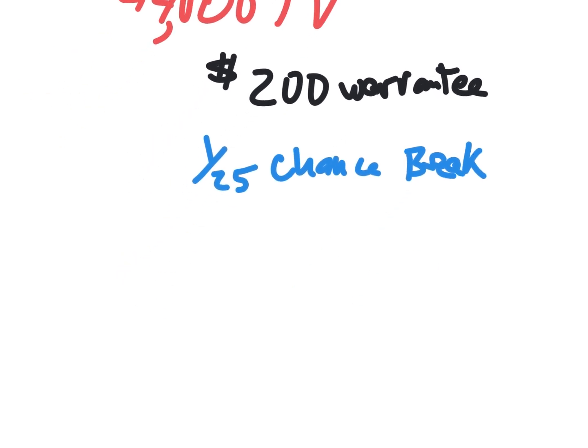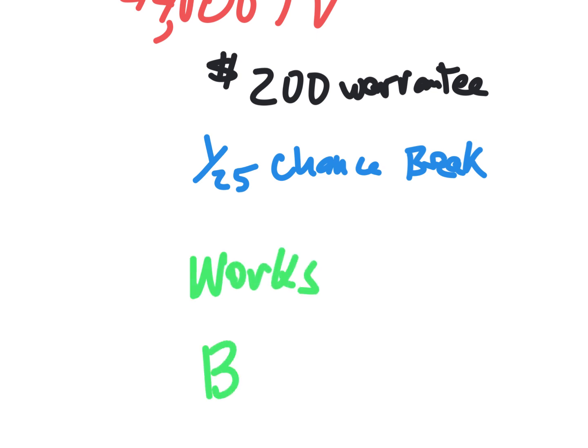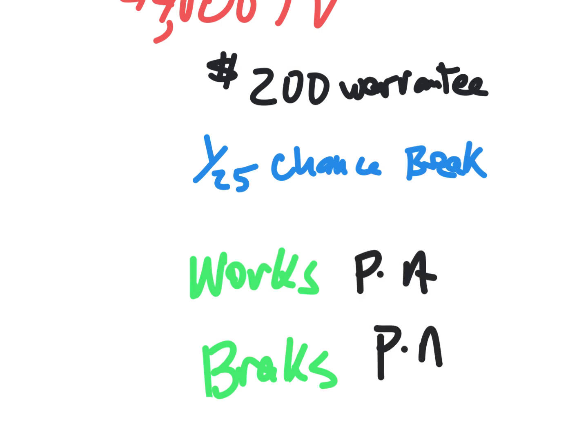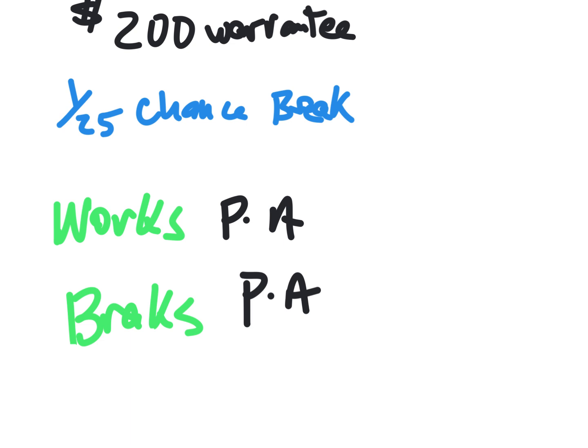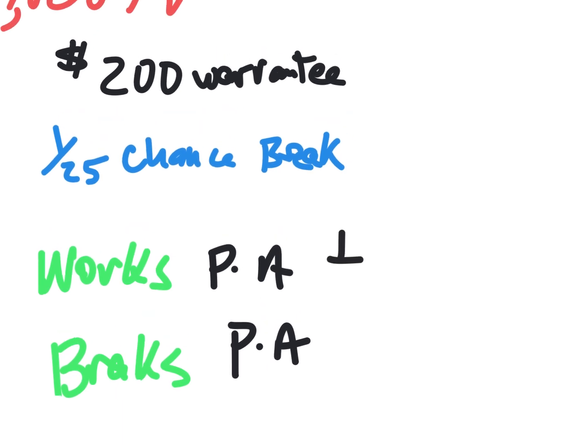You should have done 2 probabilities. Probability that it works and breaks. And then for that scenario, you do the P times A and the P times the A. And here's a classic mistake. Everything's going to be right except for one little thing. 1 in 25 chance that it works, and you get nothing if it works, so that's equal to 0.